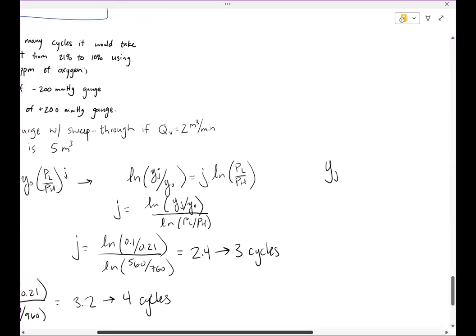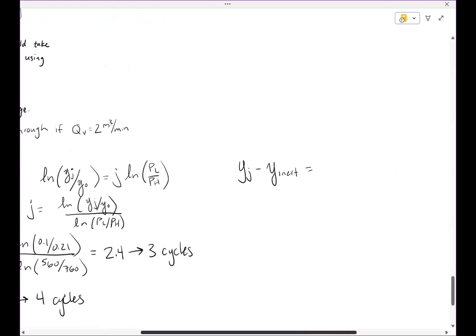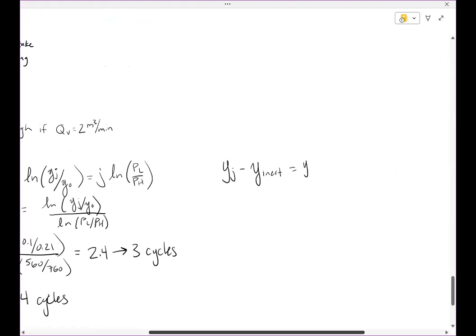So y_j minus, the book calls it y_oxy, and this is y in the inert, equals y_0, and that is the initial, minus y_oxy, which again, I'll call it y_inert so that I don't get confused.